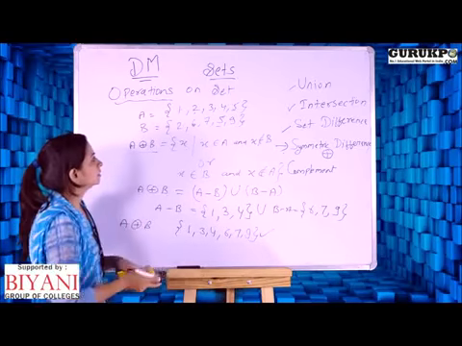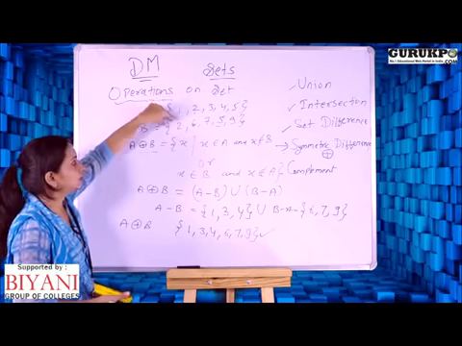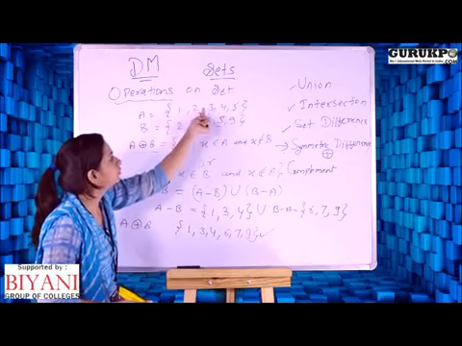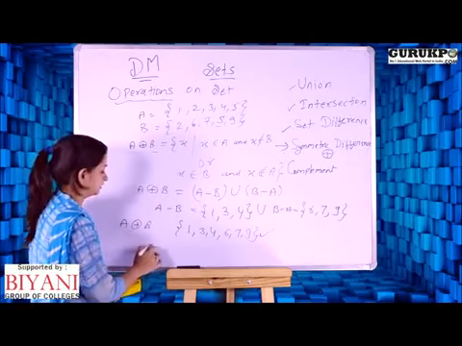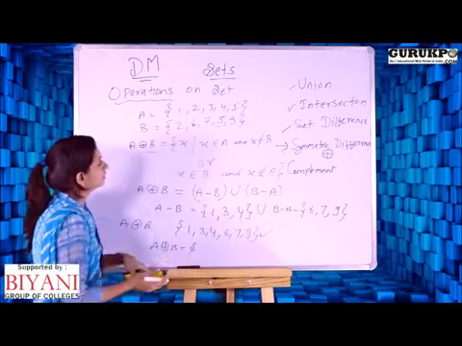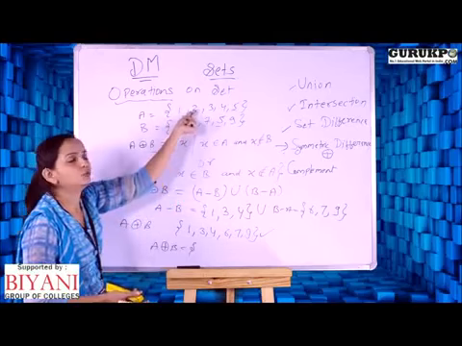What I get basically is all the elements of set A, all the elements of set B, but I remove the common elements, that is nothing else. I can get it directly from both the sets. Start from the first element, list all the elements, only remove common elements.